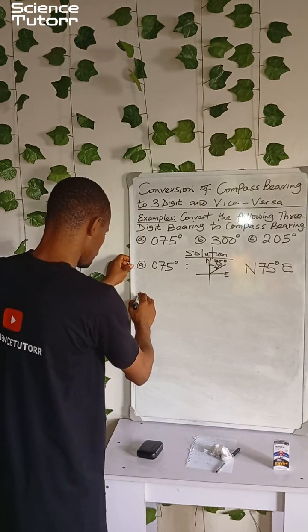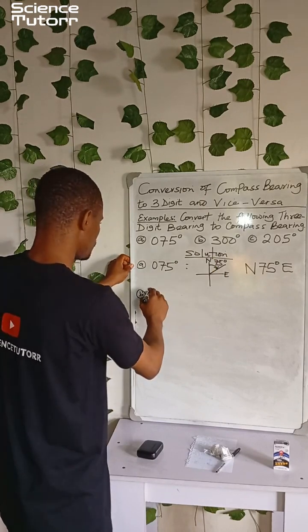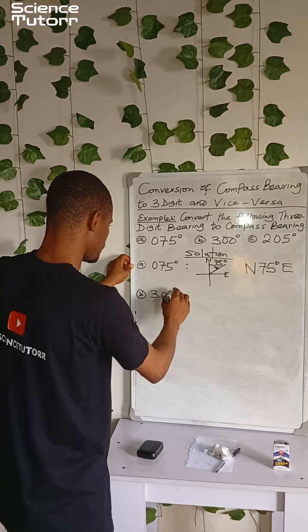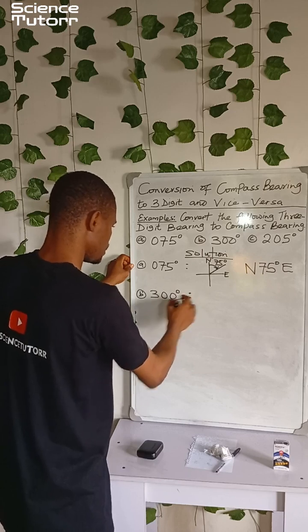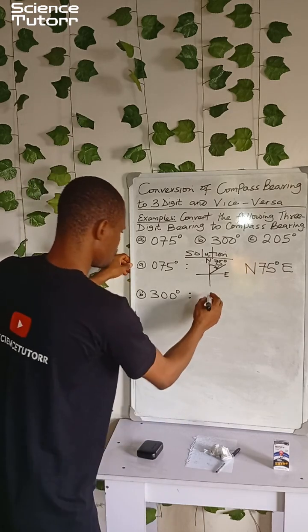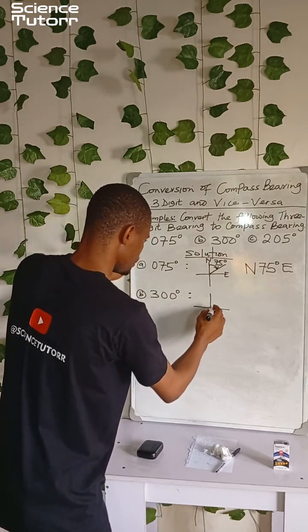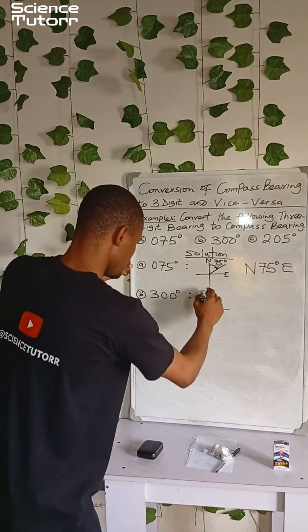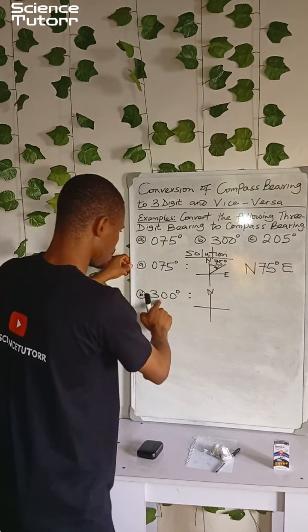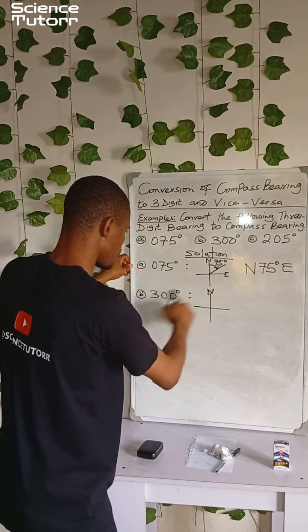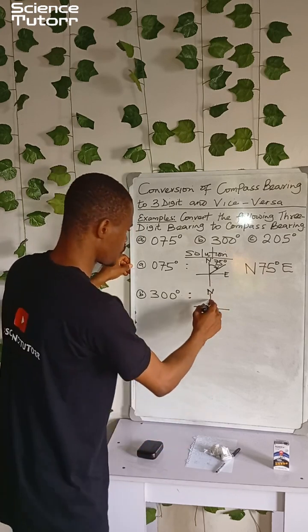The second case, we have 300 degrees. Let's locate it in our diagram, from north, three digits from north. So let's locate 300.